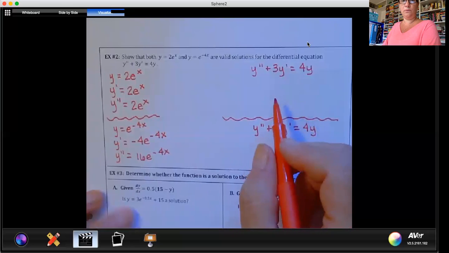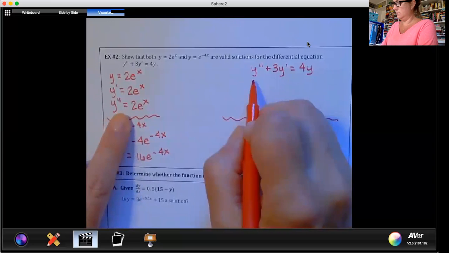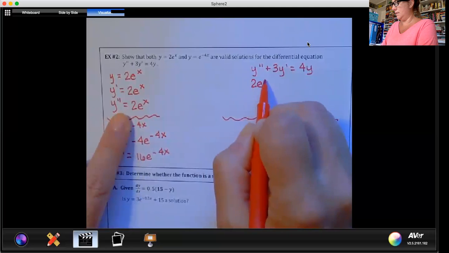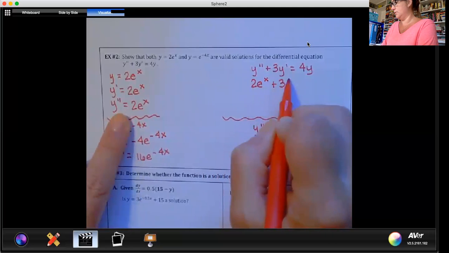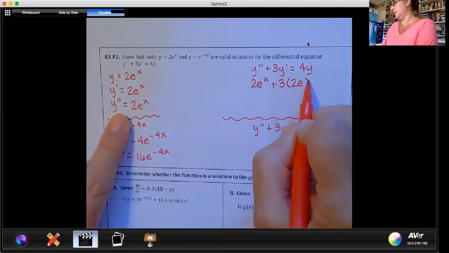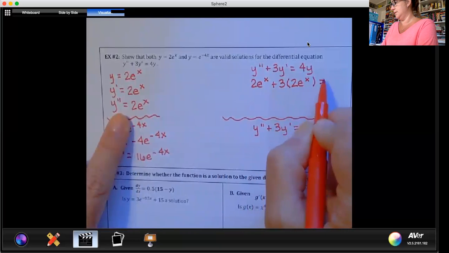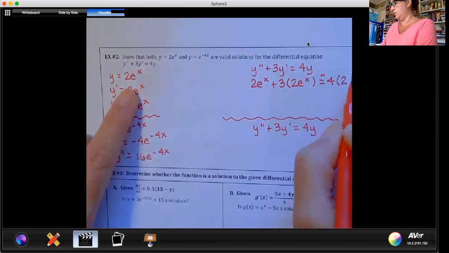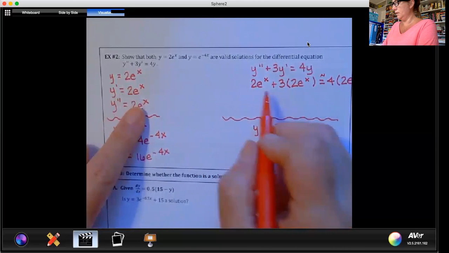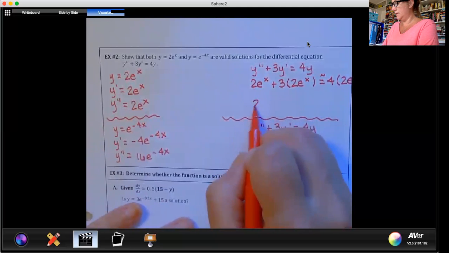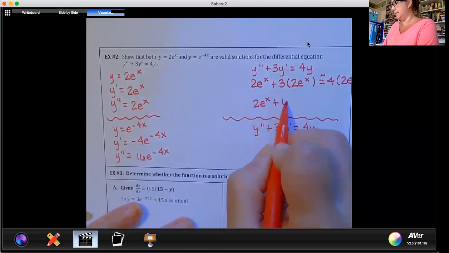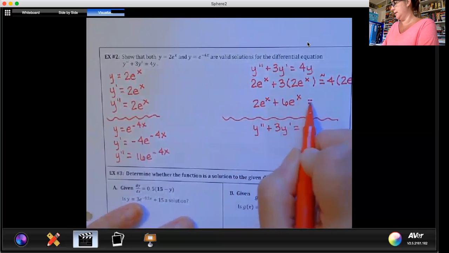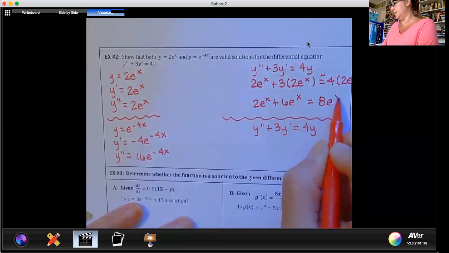So we're going to start with the first one here, 2e to the x plus 3 times 2e to the x. Does it equal 4 times 2e to the x? So we have 2e to the x plus 6e to the x equals 8e to the x.